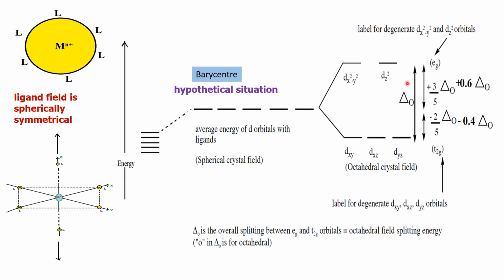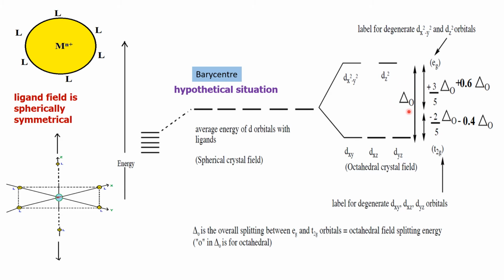You can see an energy gap between the T2G and EG levels, known as the octahedral field crystal field splitting energy, or simply the crystal field splitting energy, represented here by delta O. O stands for octahedral field.